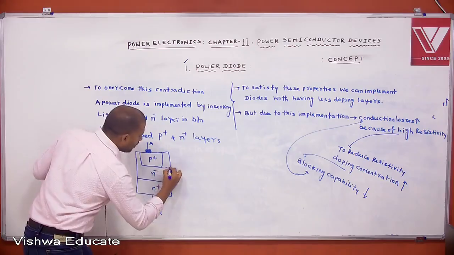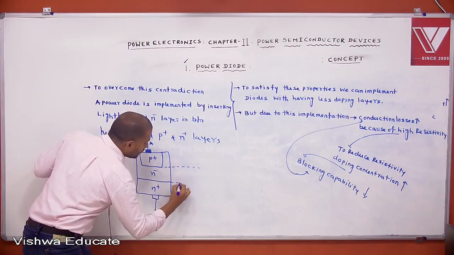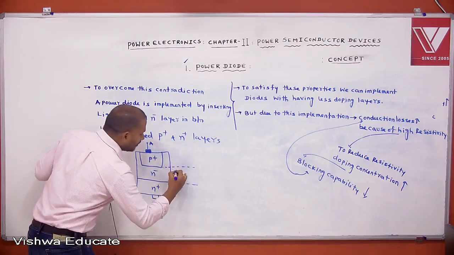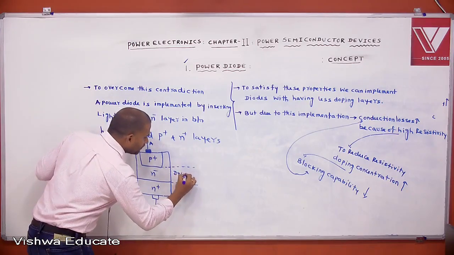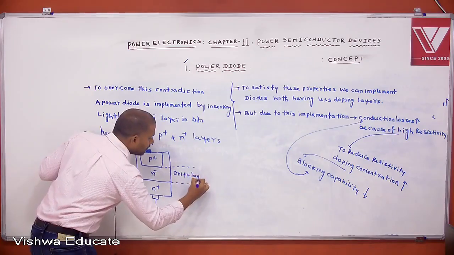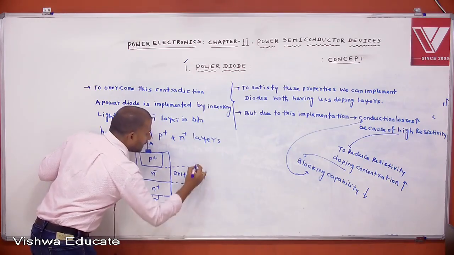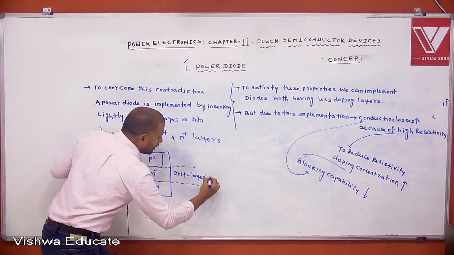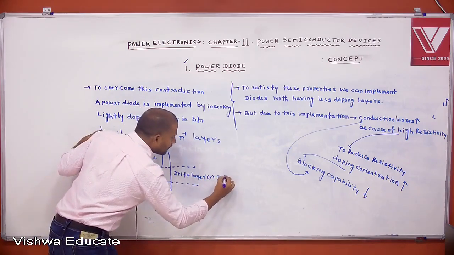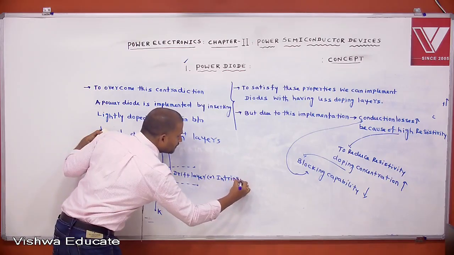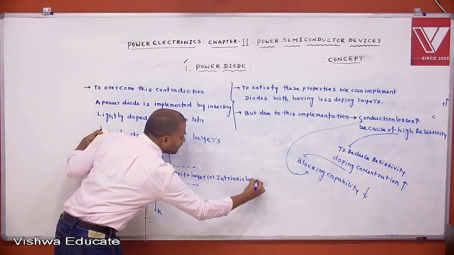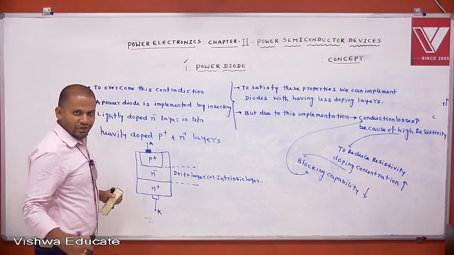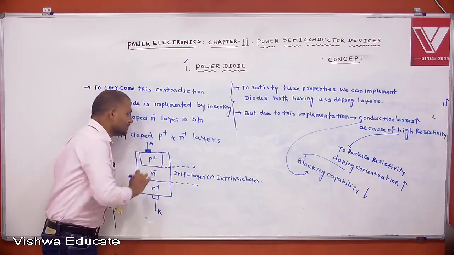This N minus layer is nothing but a drift layer, our intrinsic layer. Drift layer or intrinsic layer or drift region. This is called the drift region.